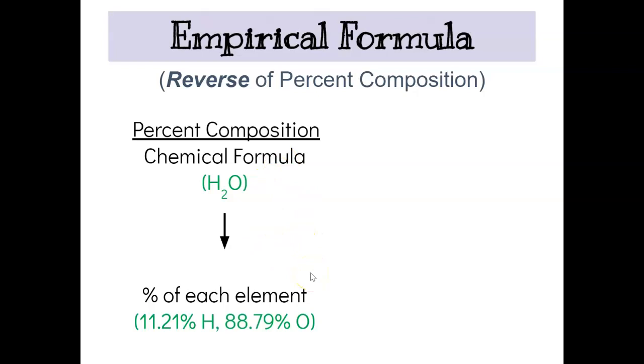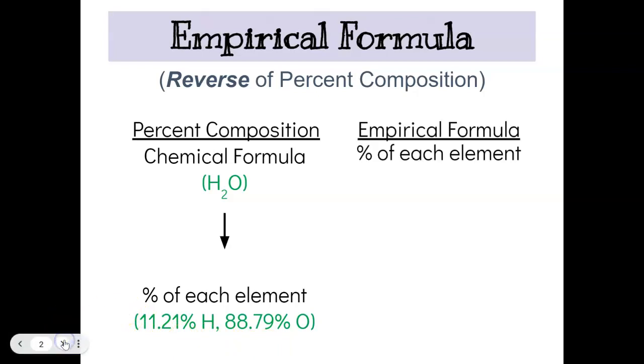We learned how to figure out the percent of each element. We have to find the molar mass of each of the elements, and then divide by the whole molar mass. If we did that for H2O, we would find 11.21% hydrogen and 88.79% oxygen. Again, if you have no idea where those percentages came from, you need to go back and make sure you feel good about yesterday's lesson.